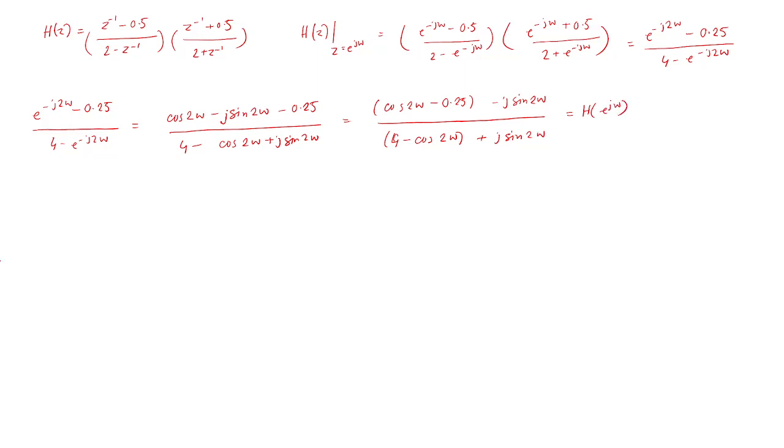What you have to remember, therefore, we get the absolute value of H(e^(j omega)) squared as follows. Nothing, just take the square of the real and imaginary terms to get a scalar only, no more complex.